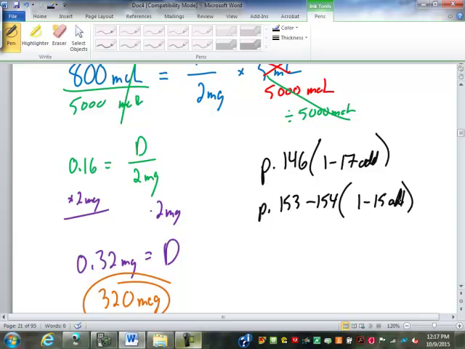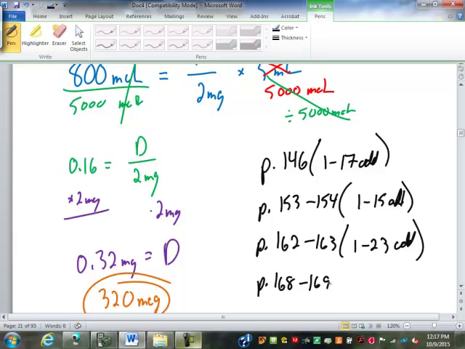I believe that's just most of your vocabulary stuff. Page 162 through 163, 1 through 23, the odds. That's the dosage calculation formula. And page 168 through 169, 1 through 19, the odds. That's dealing with the syringes.